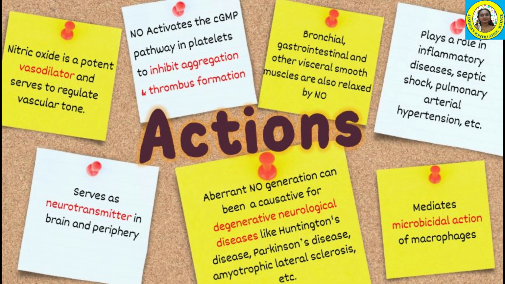Another important point regarding nitric oxide is that aberrant nitric oxide generation can play a causative role in degenerative neurological disorders like Huntington's disease, Parkinson's disease and etc. It also mediates the microbicidal action of macrophages.